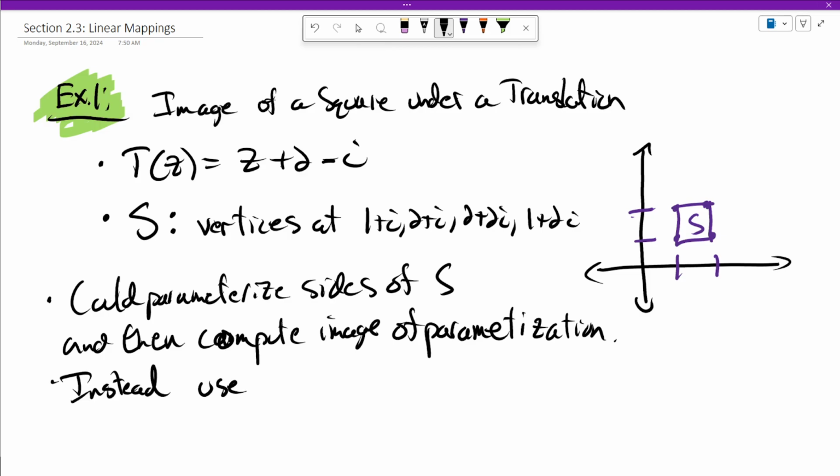So instead, we're going to use that these linear mappings, I'm going to put linear in quotes, this is technically affine. Well, I'm not even going to write that actually. We're just going to say isometries.